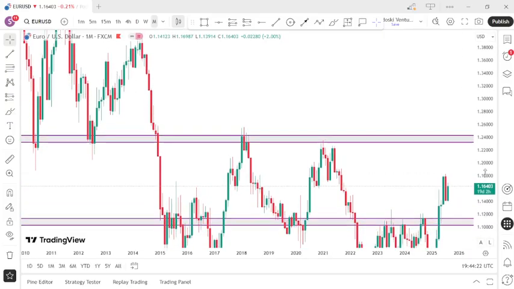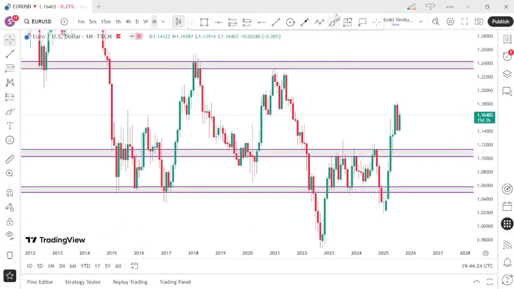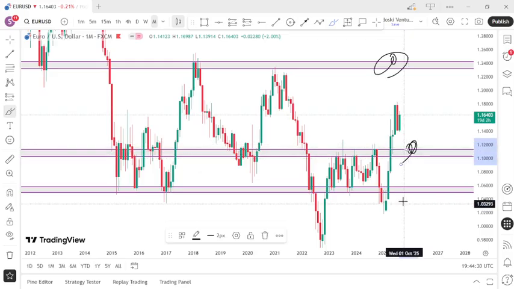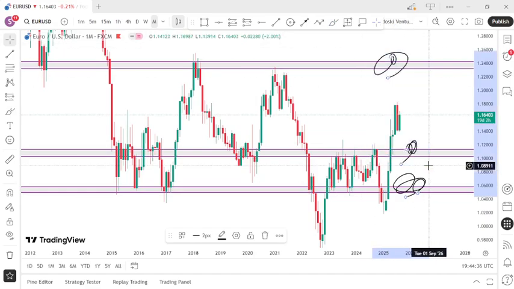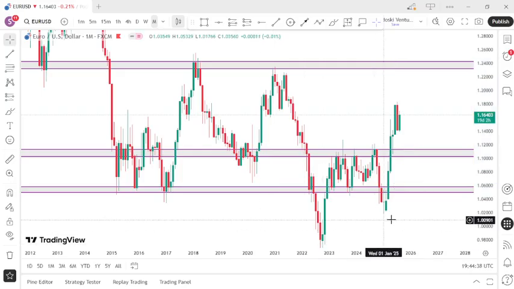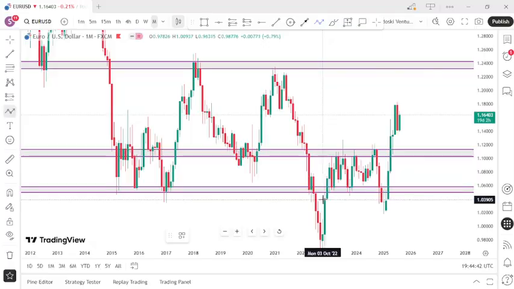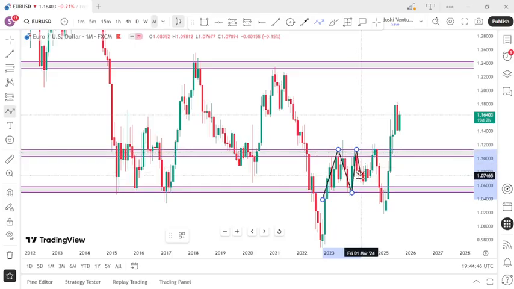Okay, so from the monthly time frame, I have my monthly upper zone here, monthly midway zone, and my monthly lower zone. From the monthly time frame, we are looking at a bullish market because previously price was consolidating between the monthly lower zone and the monthly midway zone until price finally broke it a couple of months back.